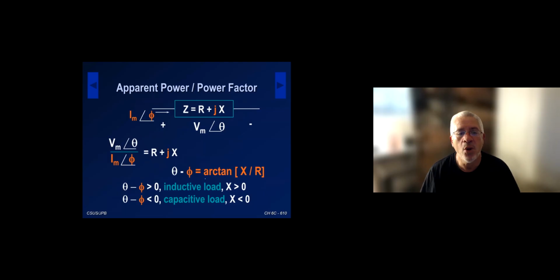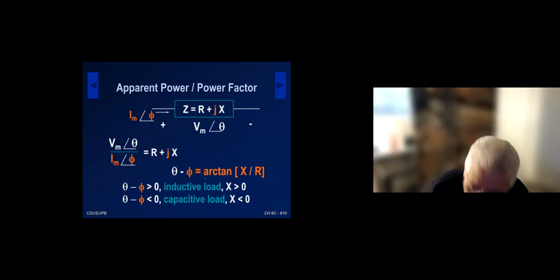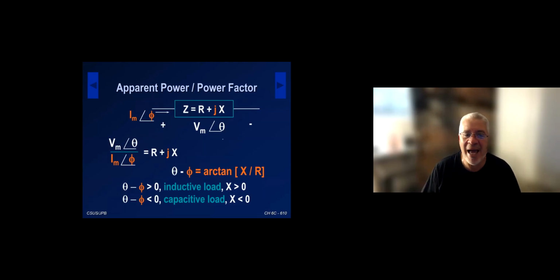So let's focus a little bit more. Let's assume we have a particular passive element with some net impedance R plus jX, and it has a current Im at an angle phi and a voltage Vm at an angle theta.